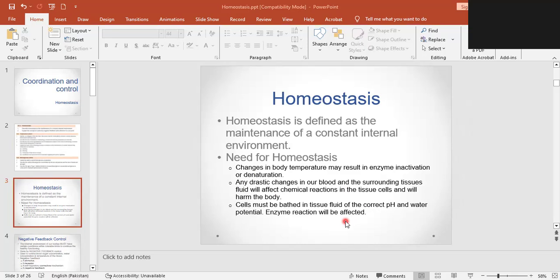We can lose the hemoglobin, and if we lose the hemoglobin it means that there will be a deficiency of oxygen in my body. I can go towards anemia. See how they are all related to each other. This is why homeostasis is a very important mechanism to keep my body functioning well.